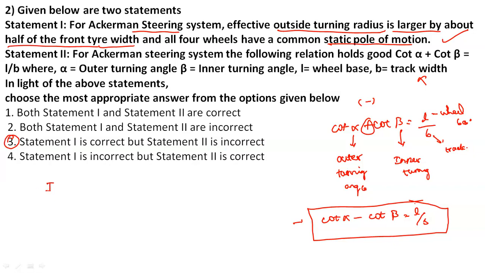In the Ackermann steering system, the steering axis is connected to the moving link. This moving link transfers the motion to the link which is attached to the wheels. So this is the steering angle.